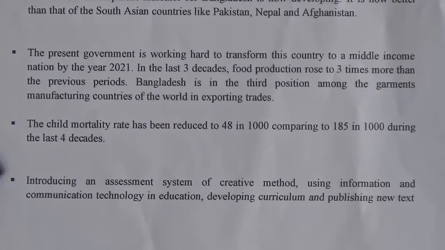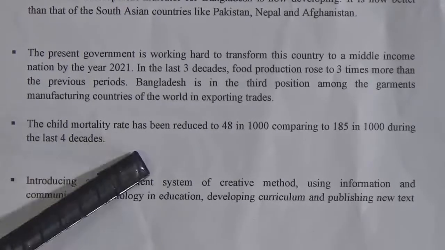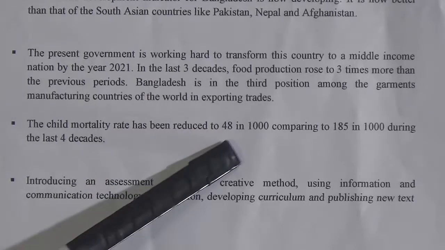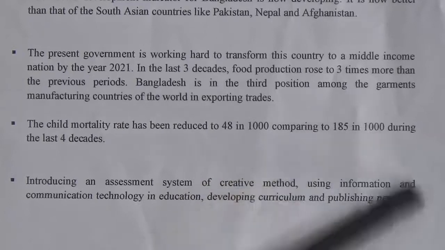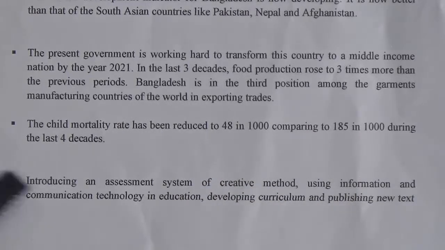throughout the years. The child mortality rate has been reduced to 48 in 1000, comparing to 185 in 1000 during the last 4 decades.